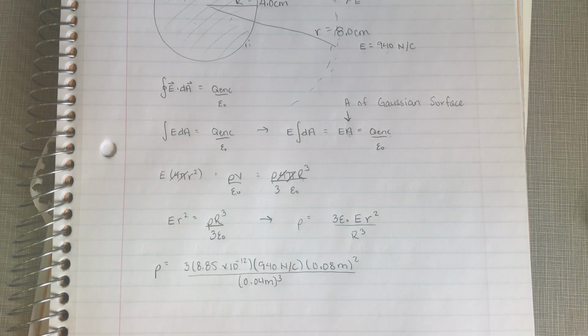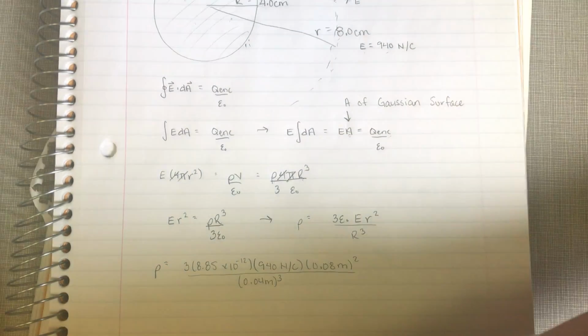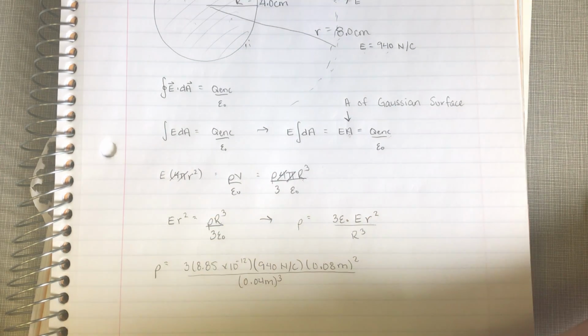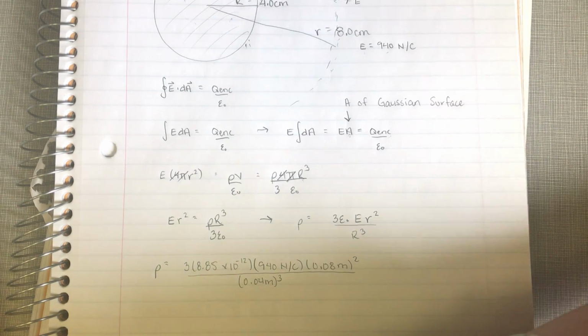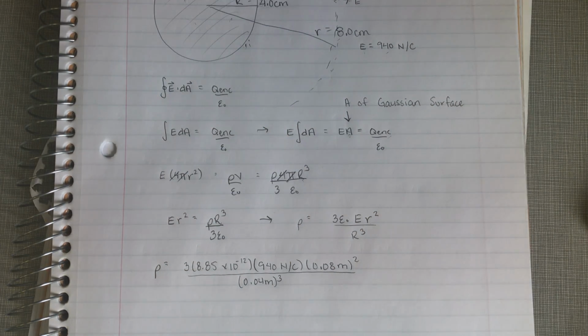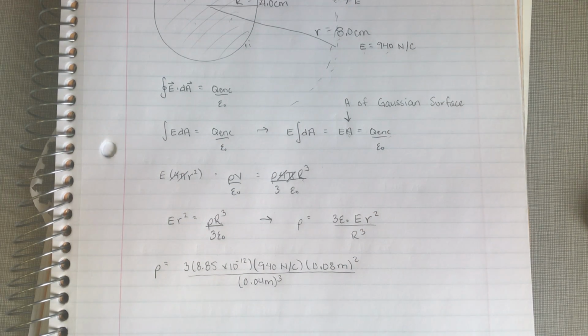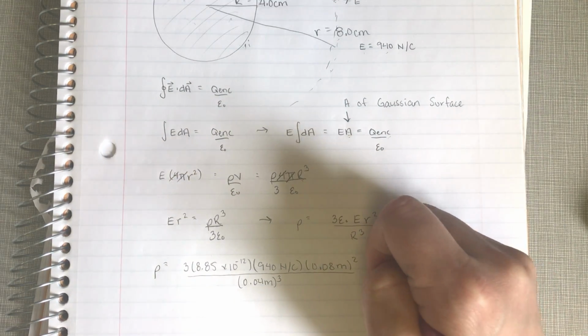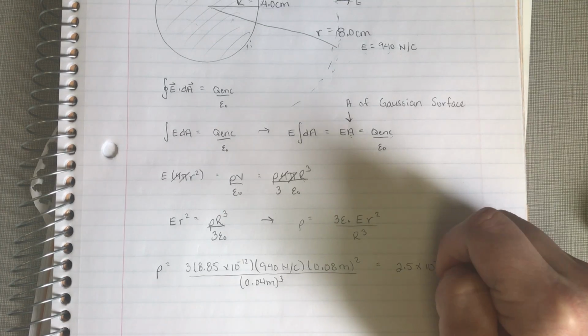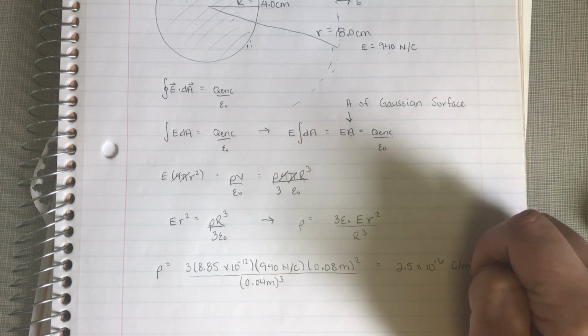On the calculator: 3 times epsilon naught times 940 times 0.08 squared over 0.04 cubed. That gives us a density of 2.5 times 10 to the negative 6 coulombs per meter cubed.